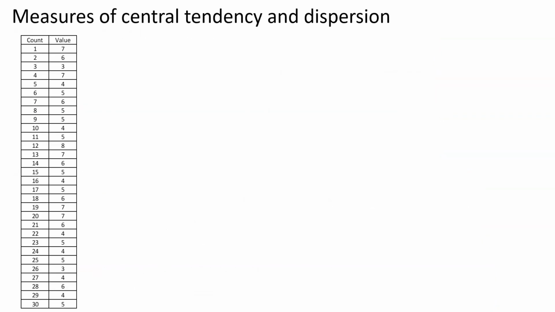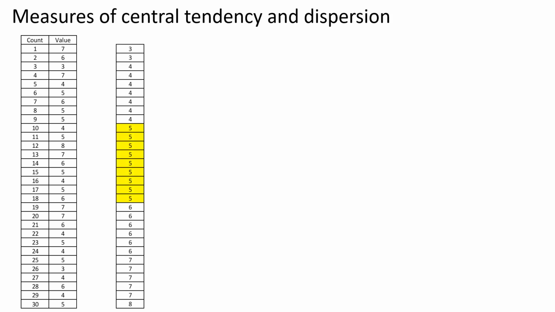So when we look at this example, we've got 30 data points. It goes from 5 to 8. These are just random numbers selected. And what we can do is look at this data and start applying the measures of central tendency and measures of dispersion to it. So if we take the data and rank it again from smallest to largest, 3 to 8, and start to look for things such as the mean of that data, we find that the mean of those 30 data points is about 5.27, about 5.3.